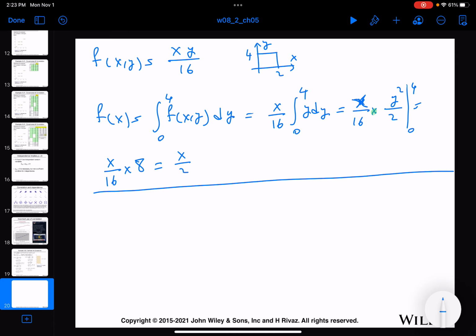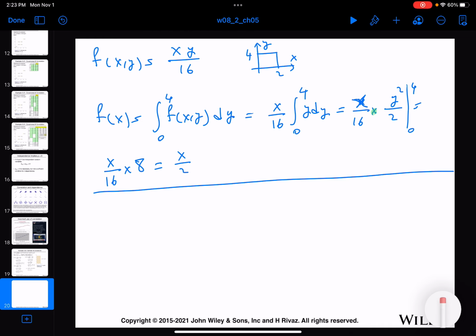Okay. So that's my f of x. Hopefully we didn't make a mistake. Yeah, it looks okay. Any questions so far? Okay.